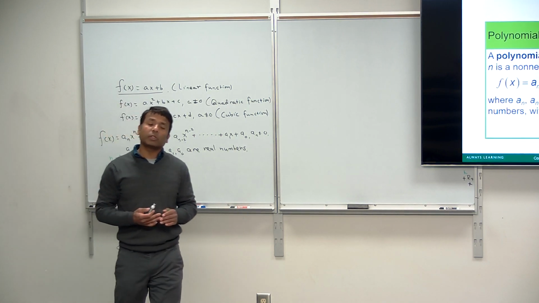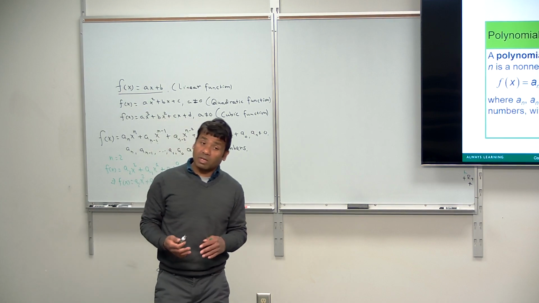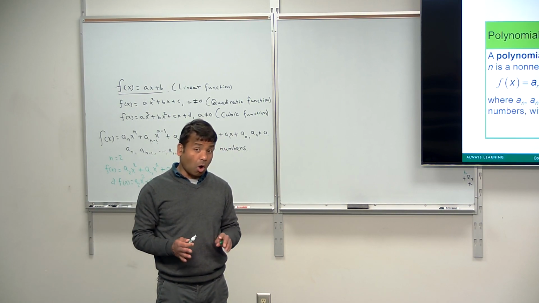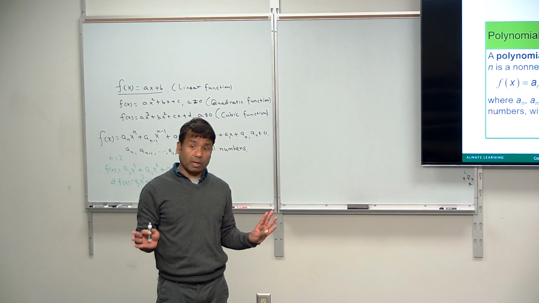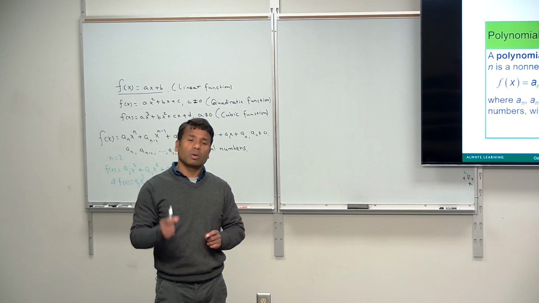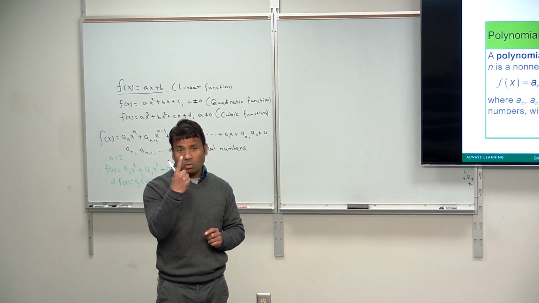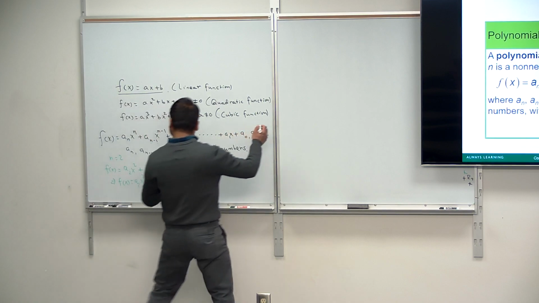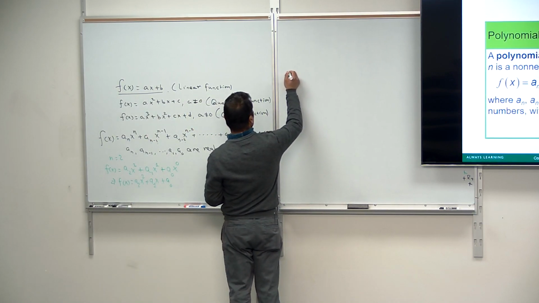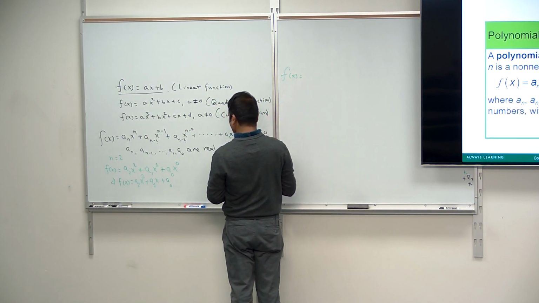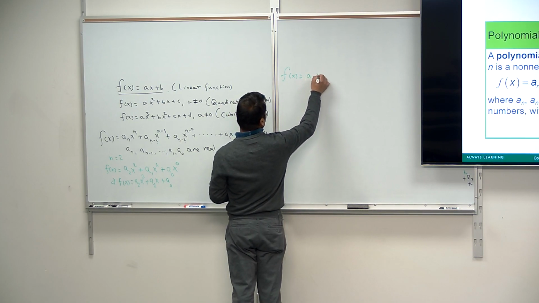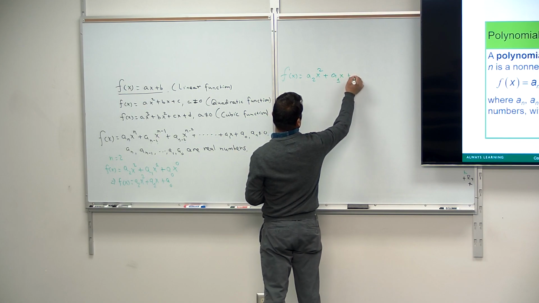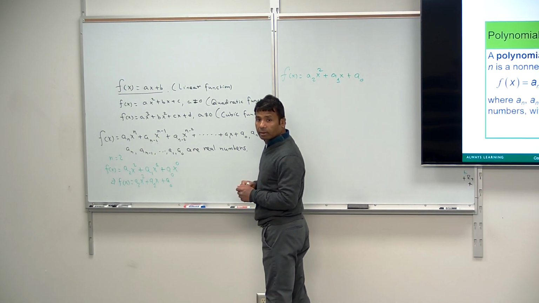Any number to the power 0, except 0, gives 1. 0 to the power 0 is not 1, but all the numbers other than 0, when you raise them to the power 0, will give you 1. That makes sense? So now you got f(x) equal to a2x squared plus a1x plus a sub 0. Are you with me?